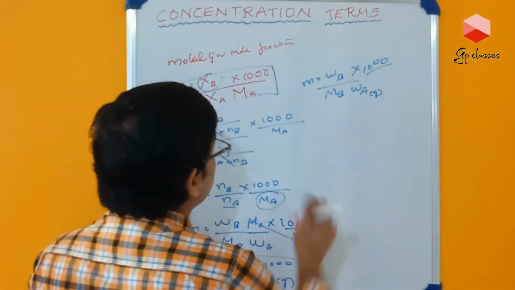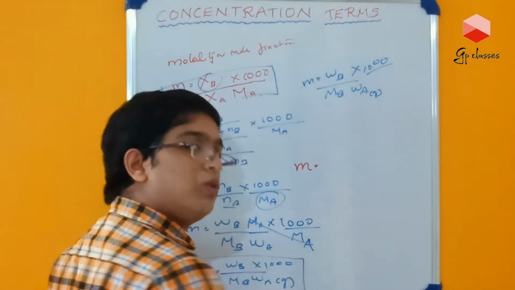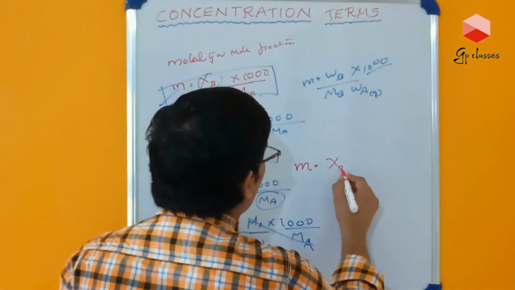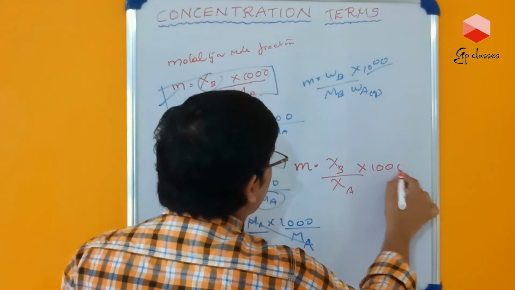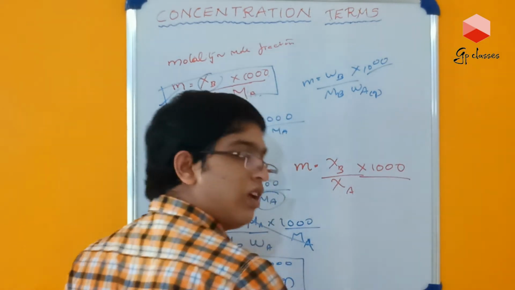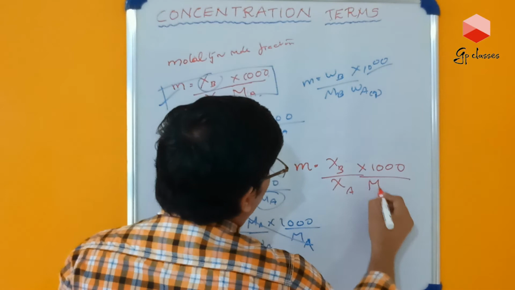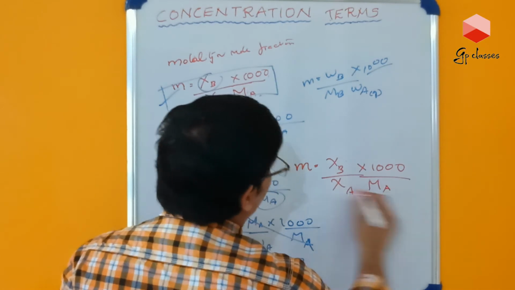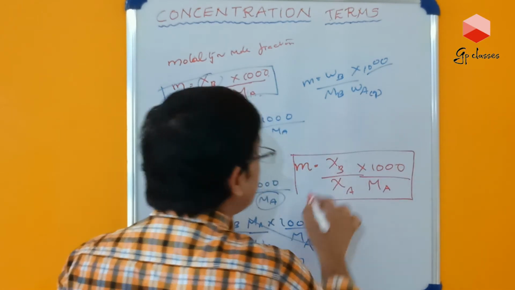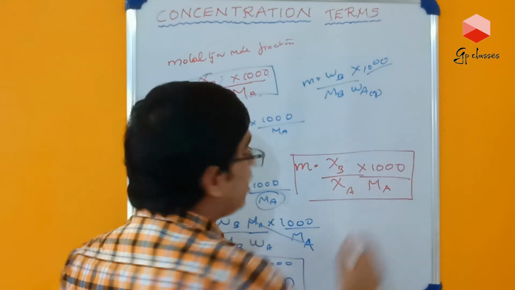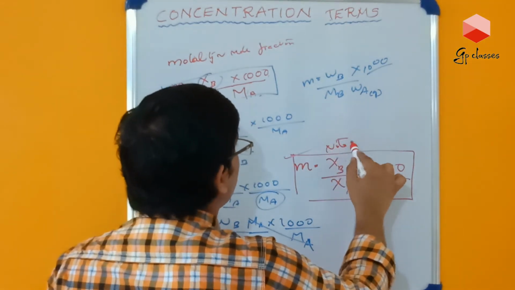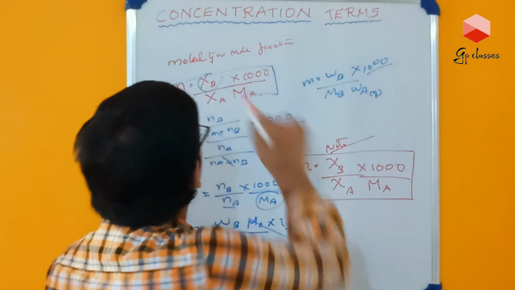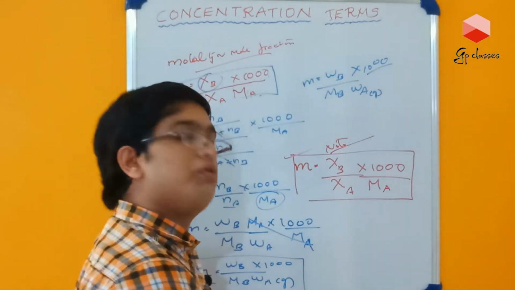So the equation is molality is equal to mole fraction of solute divided by mole fraction of solvent into 1000 divided by molar mass of solvent. So m is equal to psi b by psi a into 1000 divided by Ma. Note this equation also. This is the second equation by which we are connecting molality with mole fraction.